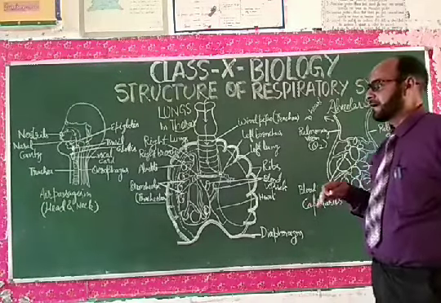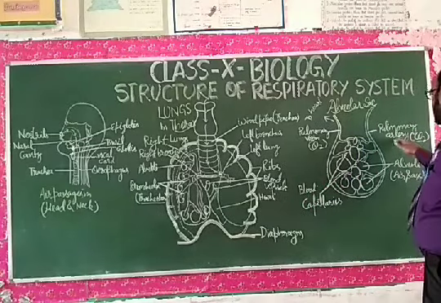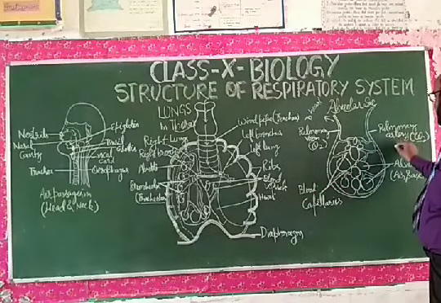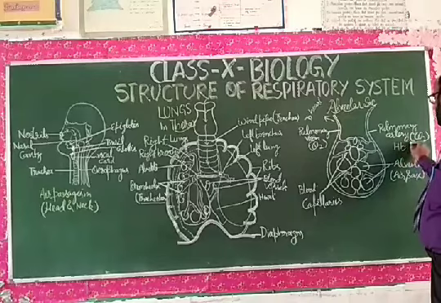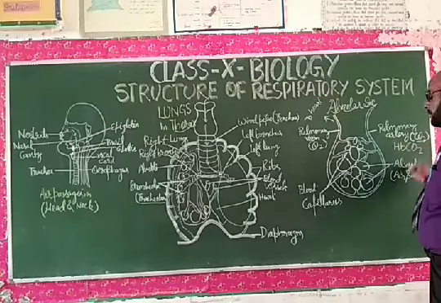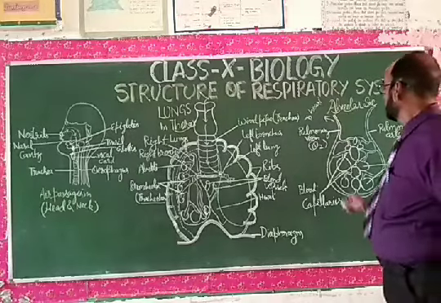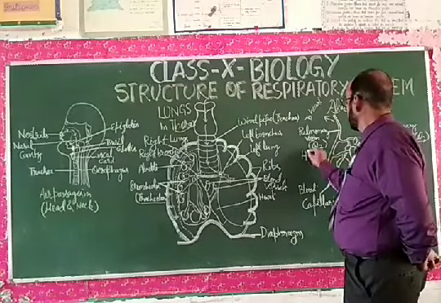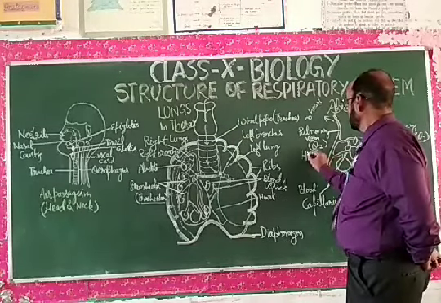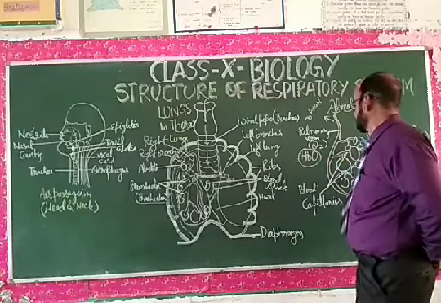So carbon dioxide comes with the pulmonary artery, along with the blood, as HbCO2, that is carbaminohemoglobin, and this is with the HbO2, that is oxyhemoglobin.